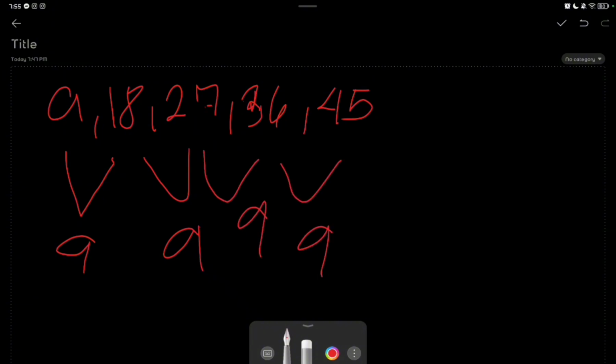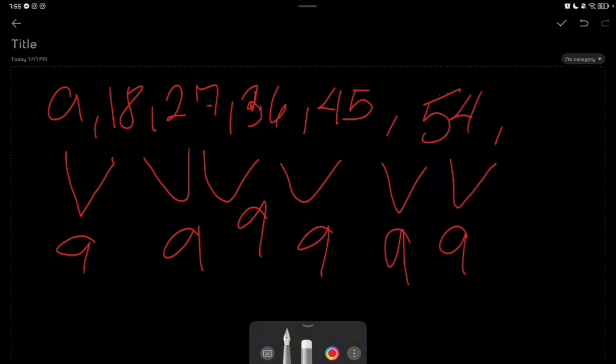Then 36 plus 9 is equal to 45. So for the next three terms, we will just add 9. So now 45 plus 9 is equal to 54. And then 54 plus 9 is equal to 63. And then last, for the third term, 63 plus 9 is equal to 72. So that's it for number 1.